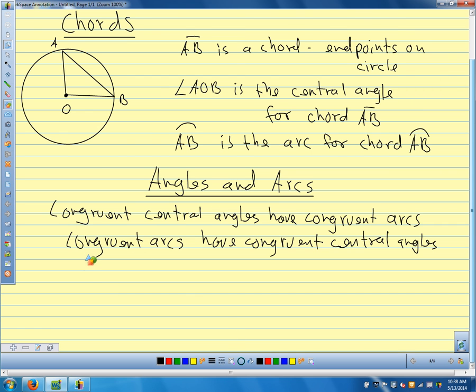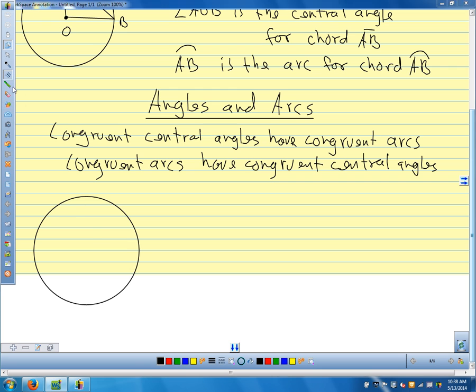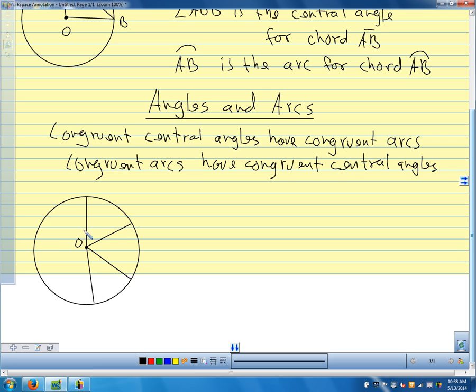What we're saying is, if we have a circle like so, and here's our center, there are two central angles, and I'll call this O, A, B, C, and D. We're saying that if angle AOB is congruent to angle DOC, then arc AB is congruent to arc CD.